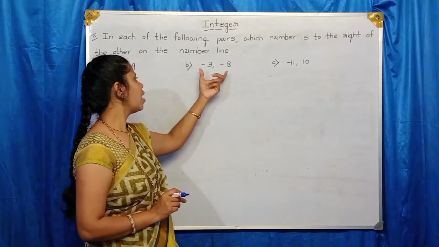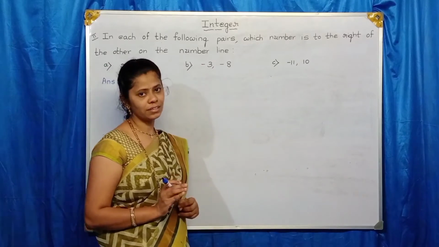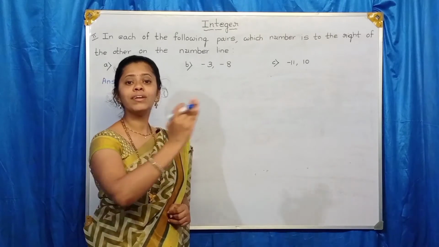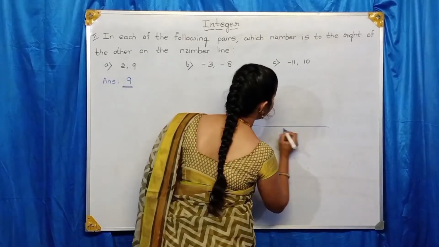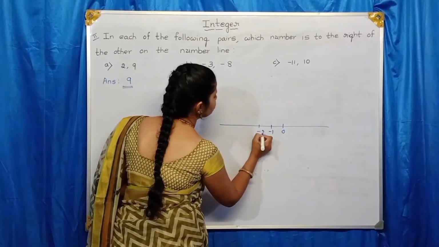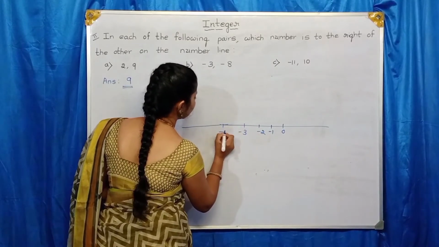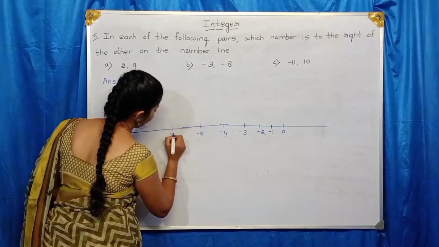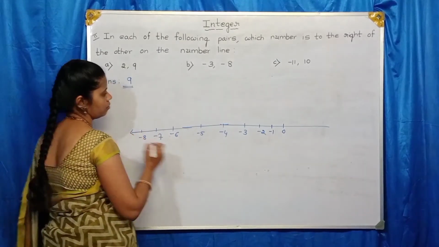See here, they have given the pair of numbers, that is minus 3 and minus 8. Both are negative numbers, isn't it? They will come on the left side of 0. Now let's draw a number line. 0, minus 1, minus 2, minus 3, minus 4, minus 5, minus 6, minus 7 and minus 8 and so on.